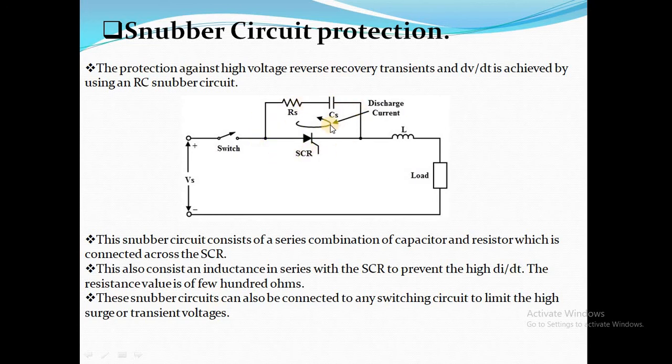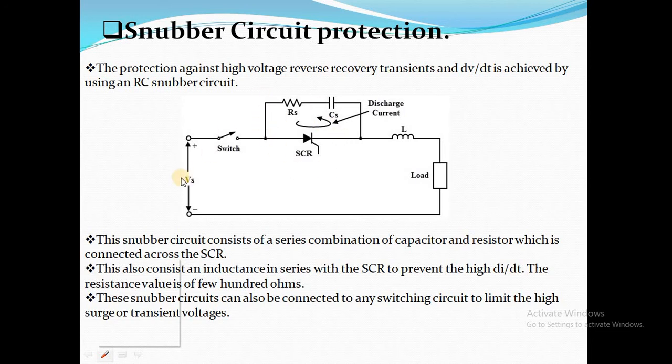As the current is divided, it is not sufficient to make the SCR turn on into a conducting condition. At the same time, current flows through the capacitor, so the capacitor starts charging, with this plate charging positive and this one negative.